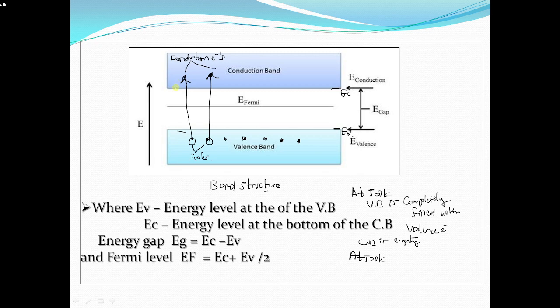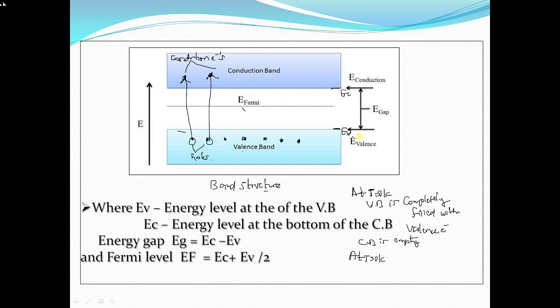The electrons present in the conduction band are responsible for conduction, and holes present in the valency band are responsible for conduction. Which holes are responsible for conduction? The holes present in the valency band. Which electrons? The electrons present in the conduction band.